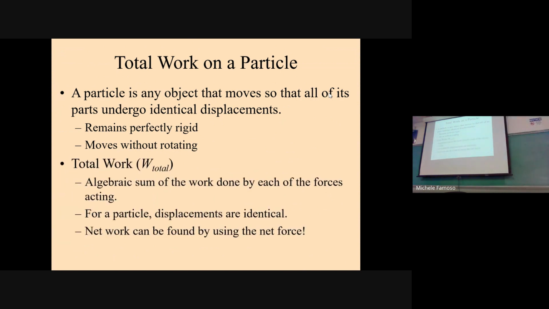So if I wanted to find the total work being done on an object where there are multiple forces being exerted on that object, and in most situations we have multiple forces exerted on something, then what we have to do is look at the algebraic sum of each amount of work done by each individual force. Find the work done by force 1, find the work done by force 2, the work done by force 3, and so on and so forth, and add them all up. And that gives you the total work.